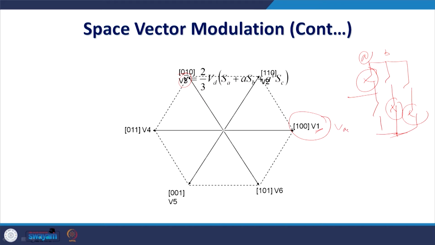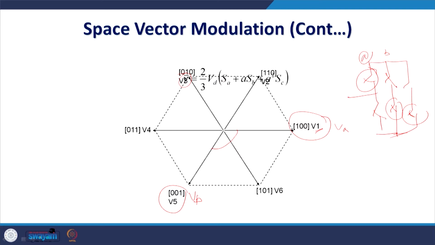You know that similarly the B phase will be lagging by 120 degrees. For this reason, ultimately this switch will be closed and this switch will be open, and this switch and this switch will be closed, and for this reason you get VB.